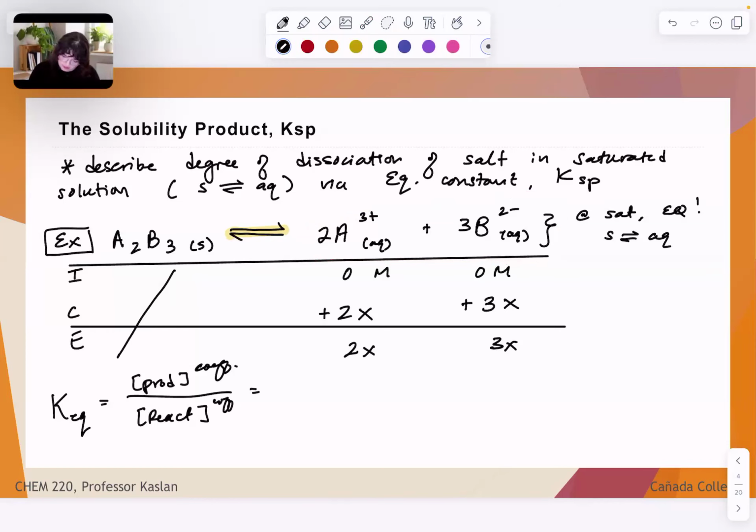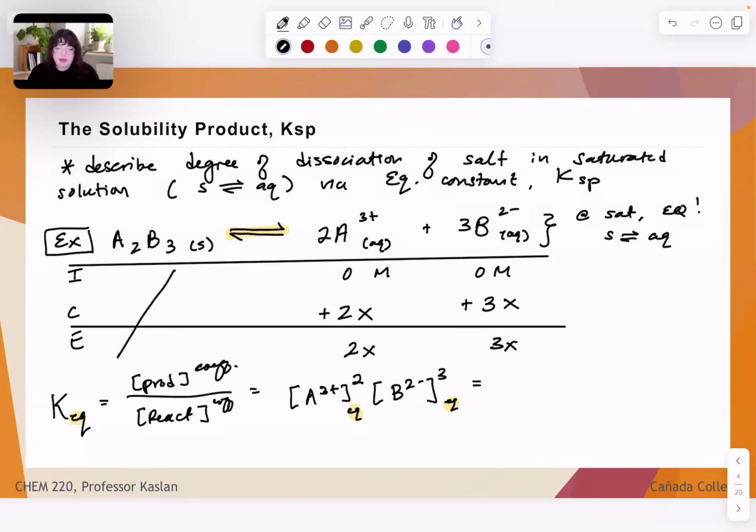So this is equal to the concentration of A3 squared and the concentration of B2 cubed, where these are the equilibrium concentrations, because we're relating this to an equilibrium constant.